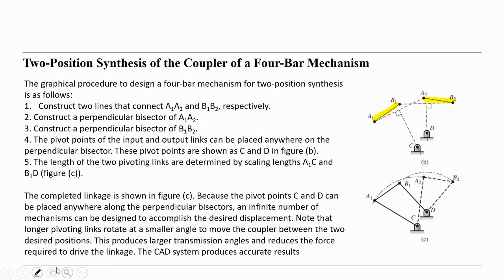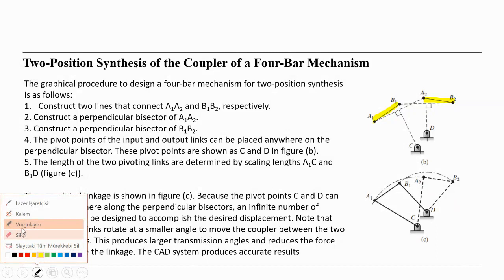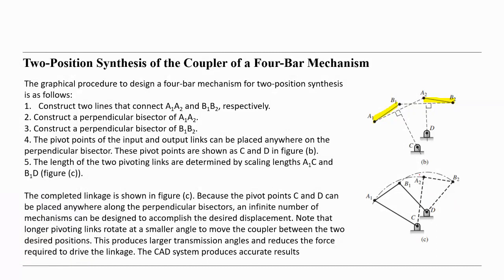Of course, we continue to draw the lines in those directions, and at that point we have only one rotation point of the link, and we can realize the desired position.